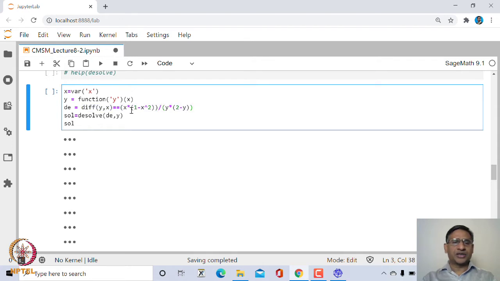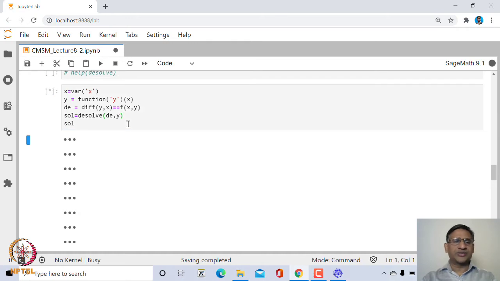I could have simply said here f(x,y), because we have already defined f(x,y). And then simply say DE-solve, the differential equation with respect to variable y, other things are default ones. So let us run this and see what solution it gives.